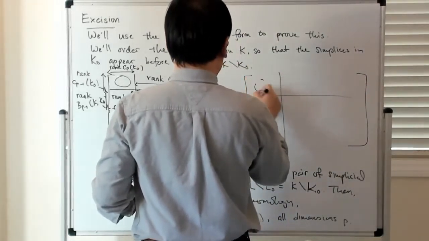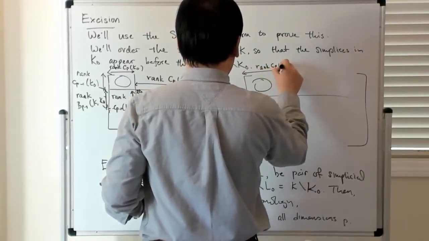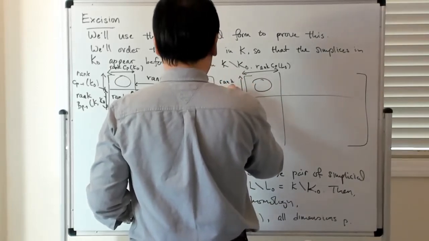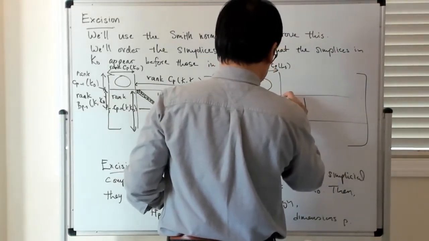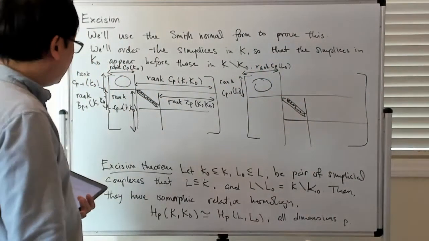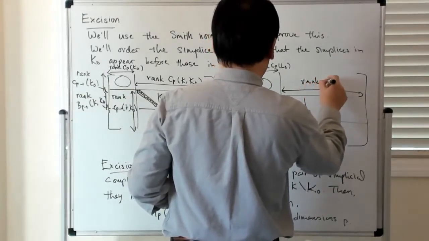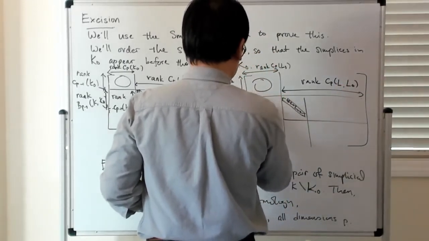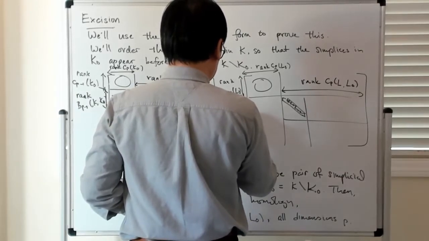So I'm going to draw a similar matrix here. This is also going to be zeros, and this is going to be the rank of C_p(L0), and this is the rank of C_{p-1}(L0). Then there's again this Smith normal form part for the non-trivial part of the induced boundary map. This thing is the rank of C_p(L, L0), and this is the rank of C_{p-1}(L, L0).